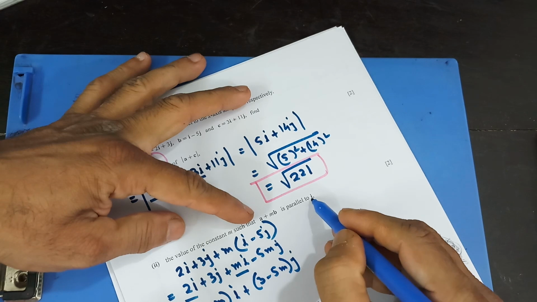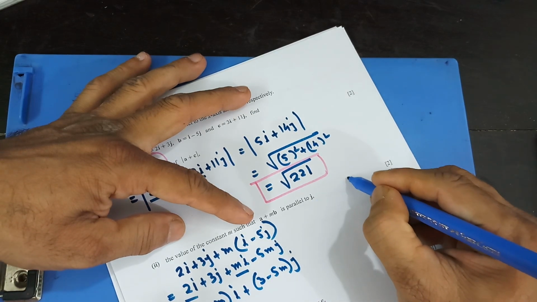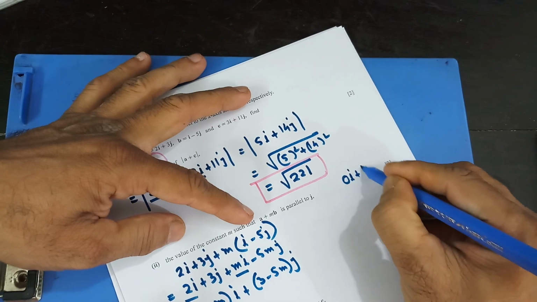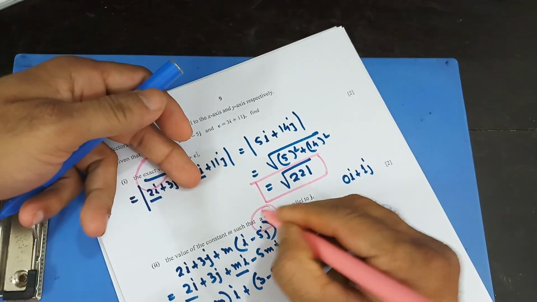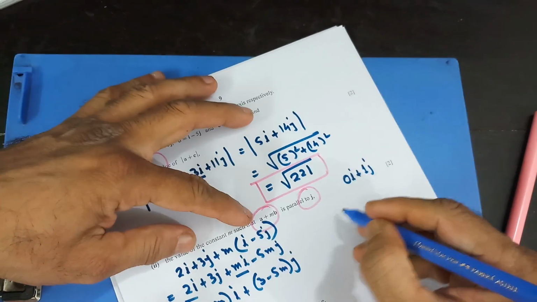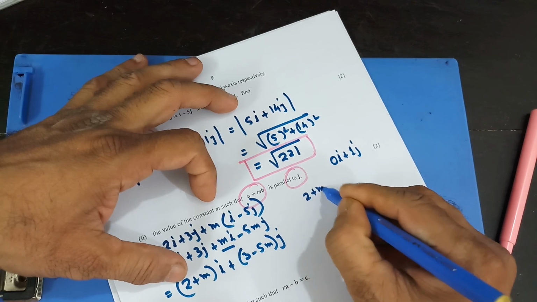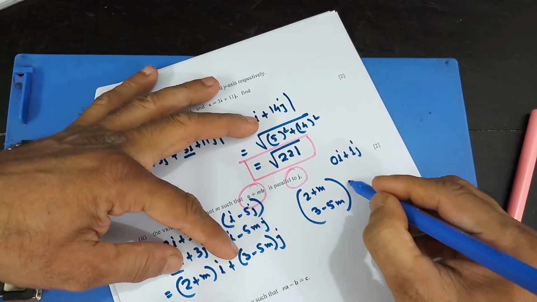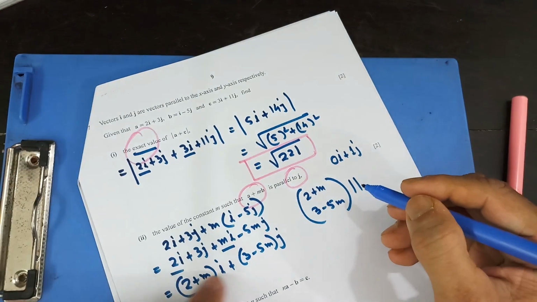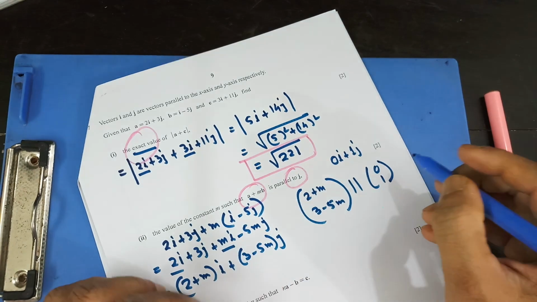Now since this is parallel to j, that can be written as 0i plus 1j. Since these two are parallel, we can write it in column vectors: (2 plus m, 3 minus 5m) is parallel to (0, 1).